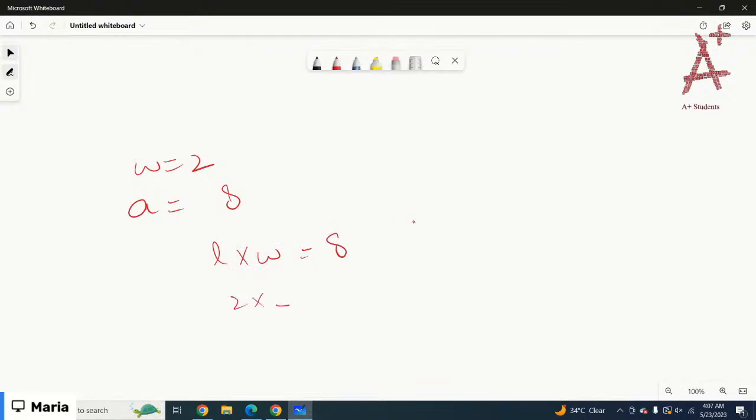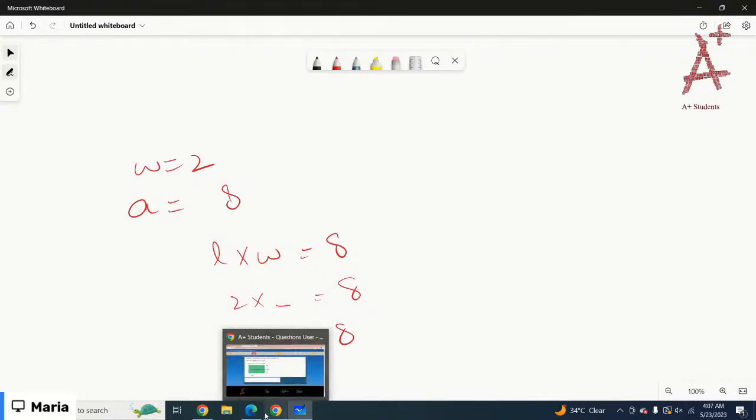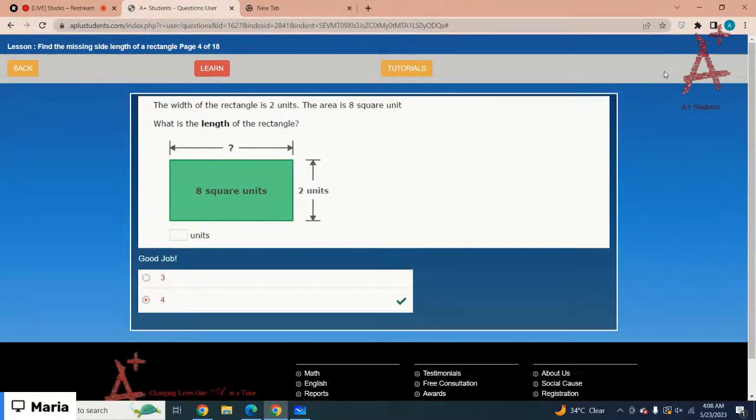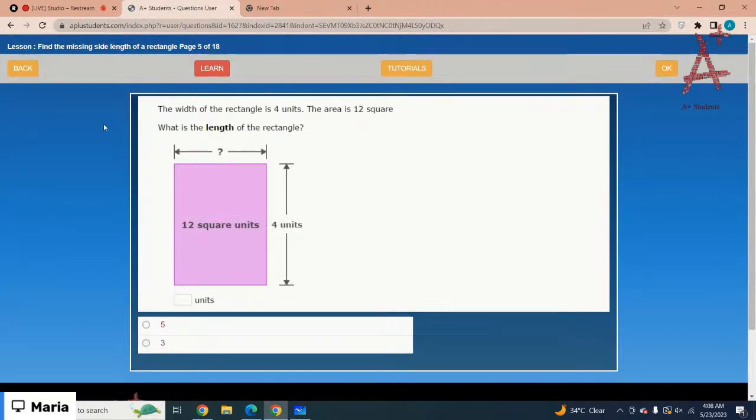So 2 times what number equals 8? Yes, that would be 2 times 4 equals 8. The correct option is 4. Got it? That means the missing length is 4. Okay, you can complete the test by yourself later today. Let's move on to the next lesson.